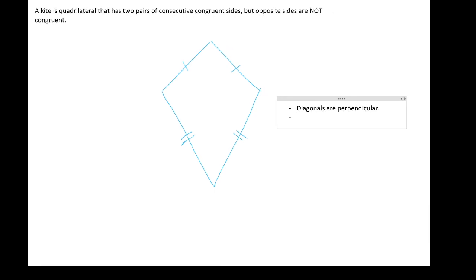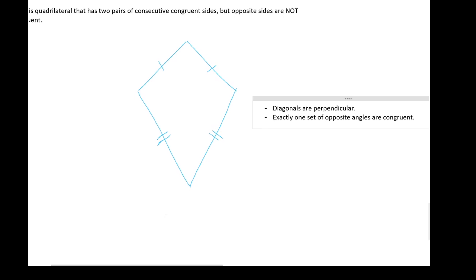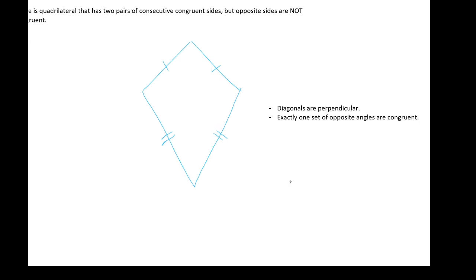And then also, we have exactly one set of opposite angles that are congruent. And it's always this one. It's always the one that's the joint of the two consecutive non-congruent sides.